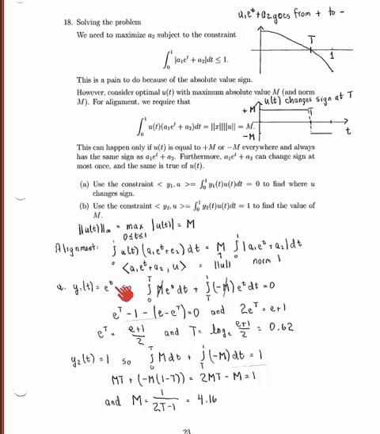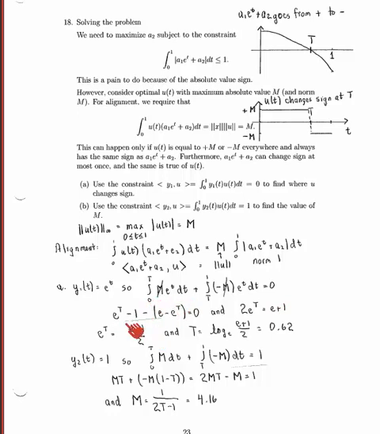Now let's impose the two constraints. y1 of t is e to the t, and so when we use the constraint and set the value equal to 0, we see that we've got e to the t integrated from 0 to capital T, and aligned with it we have M times e to the t integrated from 0 to the switchover point capital T, and then we have to add on the integral from capital T to 1 of minus M times e to the t dt.